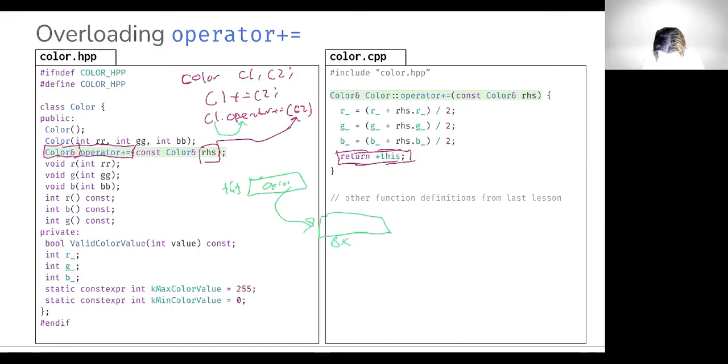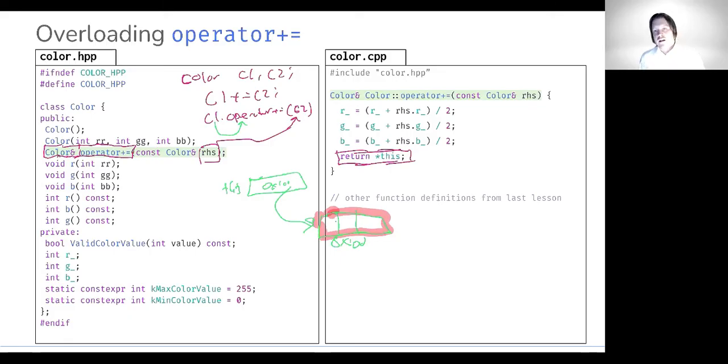So color lives out here at that address, and it has, I don't know, some fields for R, G, and B. Okay, cool. Well, if we want to get to that object, we have to dereference this. And at that point, we have our color object back. And then if we're returning a reference to that, well, essentially we have just that, a reference to that object.